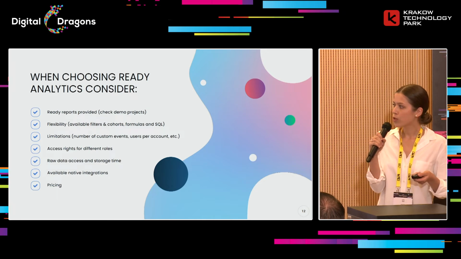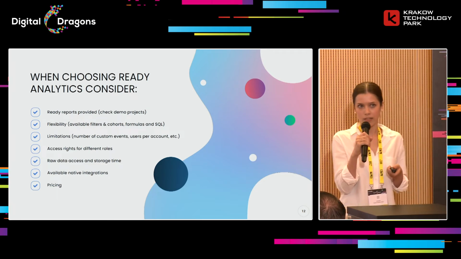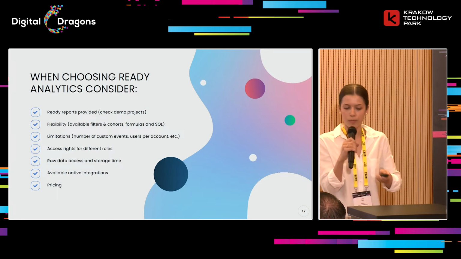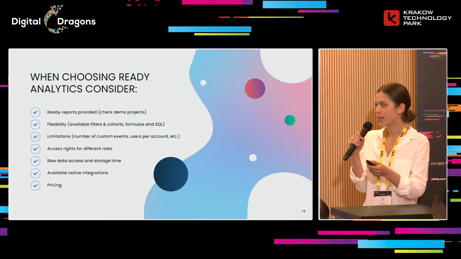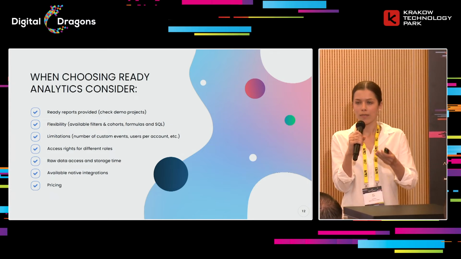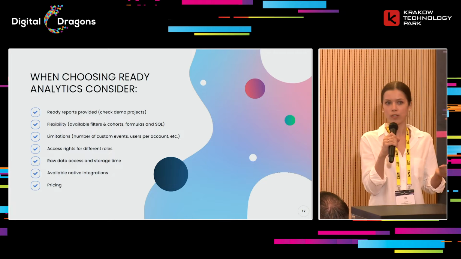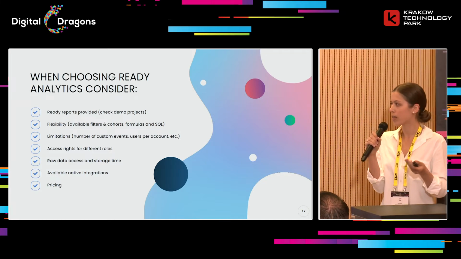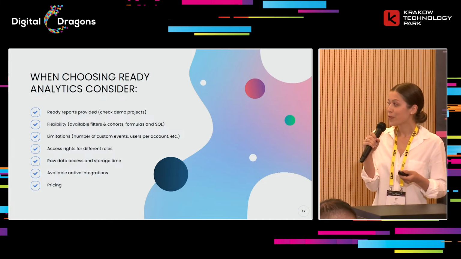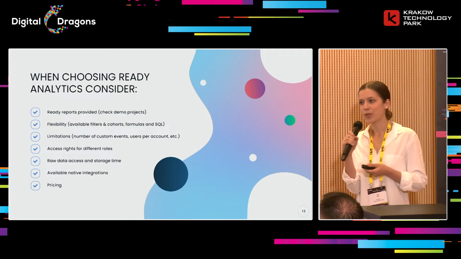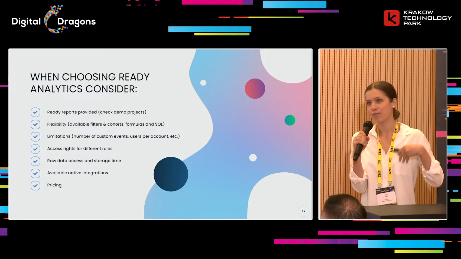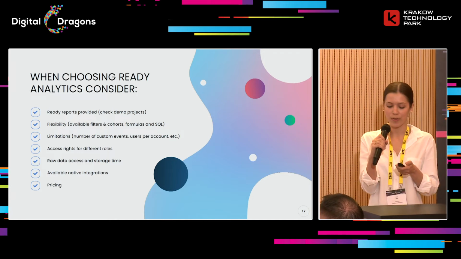And also check available native integrations, because probably you're building your tech stack. Make sure the solution has native integrations with your partners, because then you would save a lot of time and you don't have to work with API. And of course, finally, check the pricing. Check it not only for your current volumes, but also try to predict the future, see how the pricing scales.